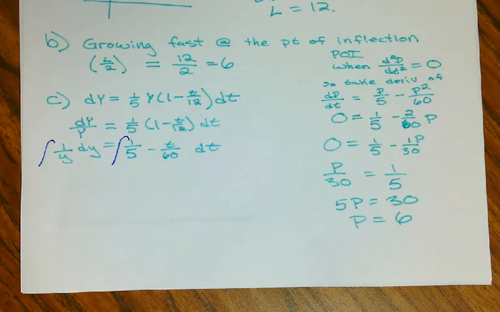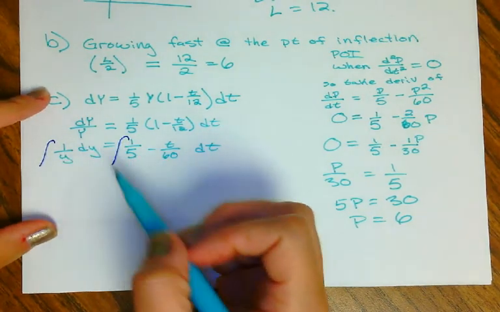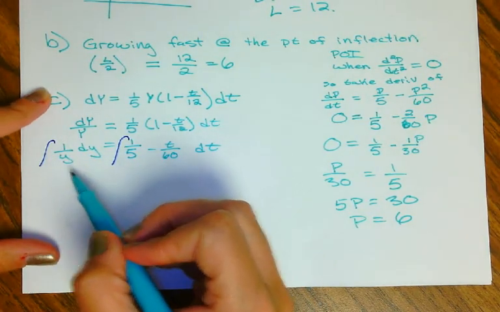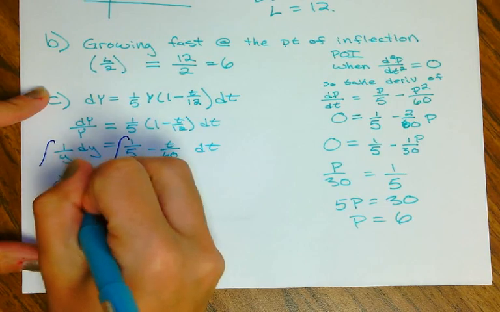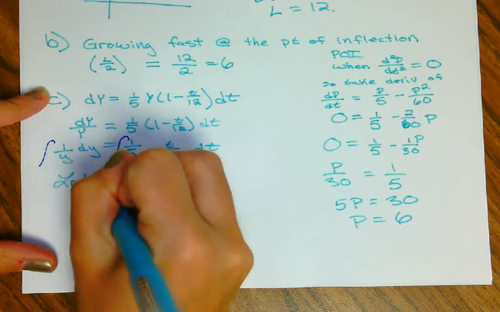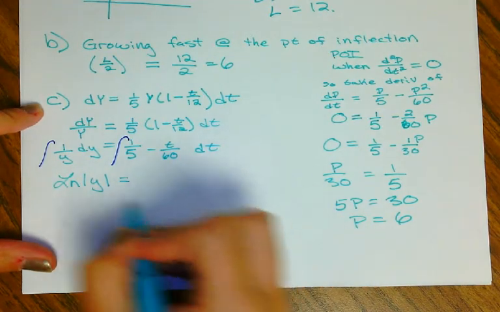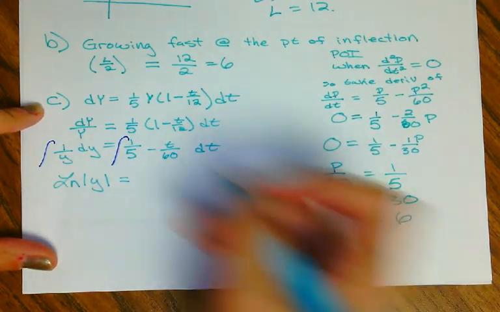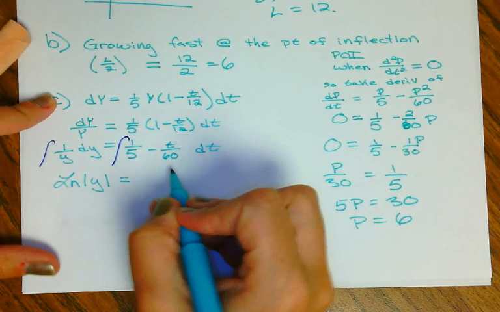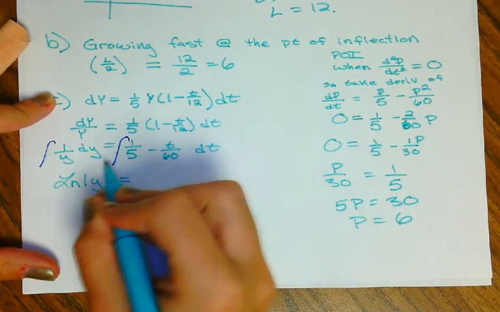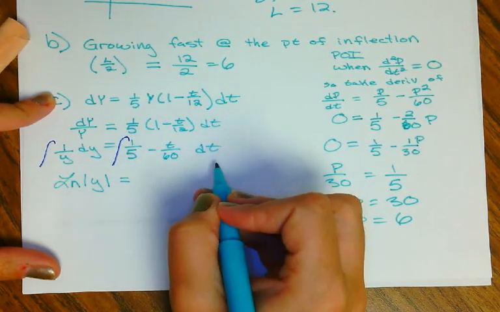Recall that the integral of 1 over y is going to be ln of the absolute value of y. Since we're talking about population, we're going to assume that it's positive, so we'll be able to drop those absolute value bars in just a minute. Then over here, we have to integrate each piece.